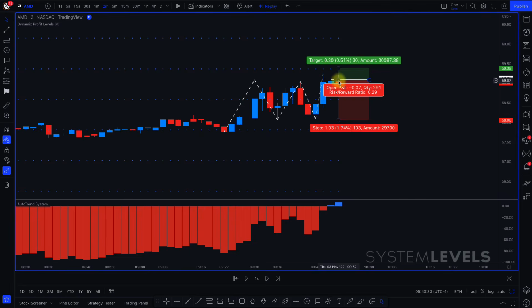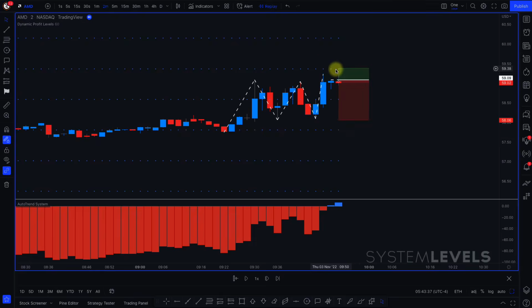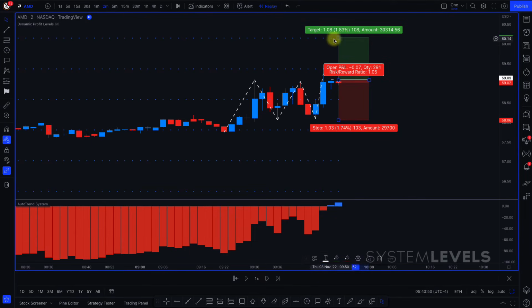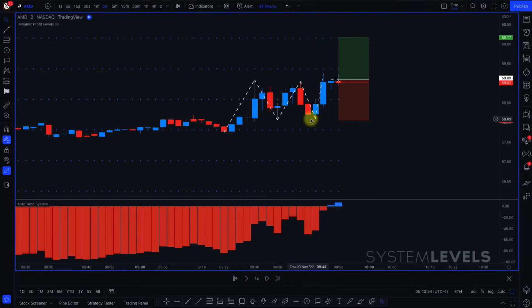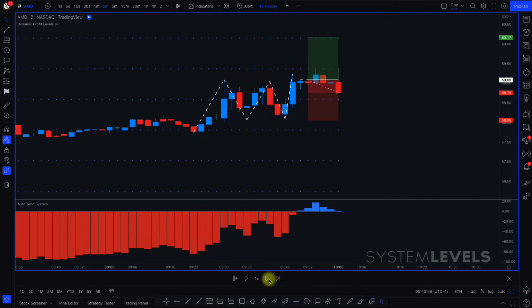You see, my entry is here. The next dynamic profit level is just here, right? So it's way too close for me to take profits here. So I will simply ignore this profit level, and I will turn my attention to the immediate next one. So here. So for my first profit target, I'm targeting this dynamic profit level. My stop loss is here, and let's see how it progresses.